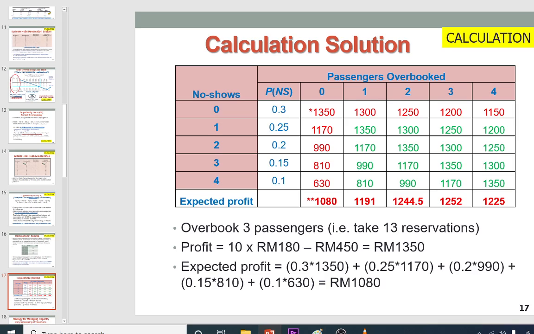In actual fact, there are only 10 seats in your airplane, but you need to decide how many overbookings to protect your company from no-shows. That is the solution being proposed. So let's work out this table, how to decide how many overbooking passengers to safeguard your company from loss due to no-show.